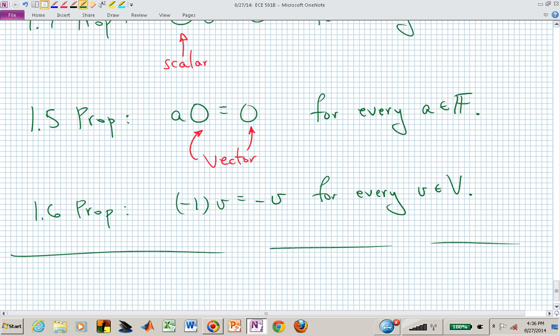So we're going to prove, let's say, proposition 1.3. We're not necessarily going to just say that that is a fact and we're just going to live with it. Some of these may not be that easy to prove, and so we're just stating those as propositions.